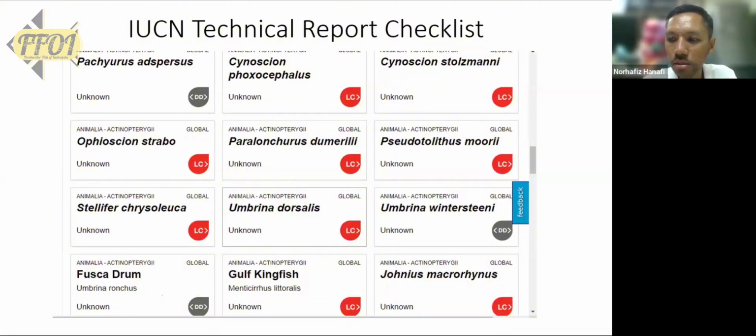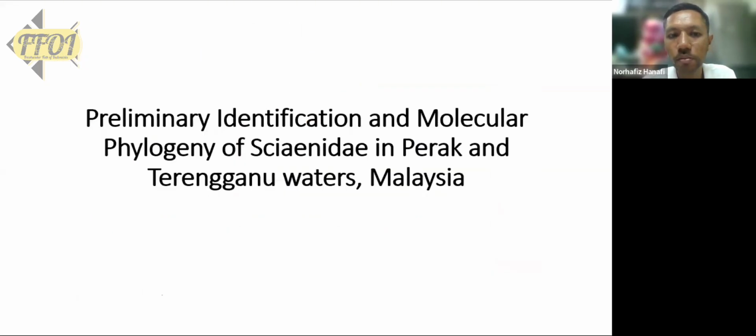I want to share what the taxonomic status is, what their population is, what their current status is. You can see here least concern, data deficient. So you can see the status of each species in the IUCN technical report. It's quite important for you to start doing taxonomy.